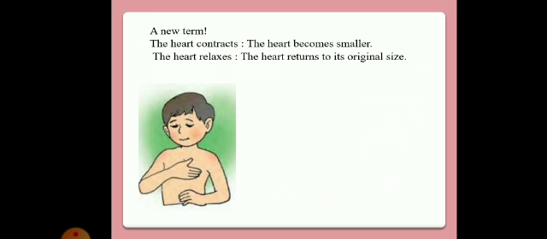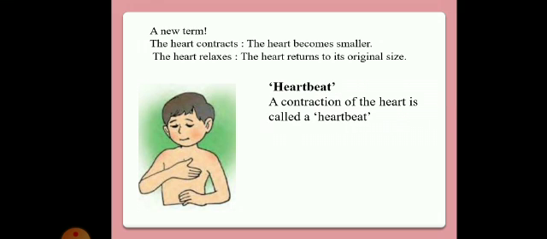Children, the heart contracts and relaxes alternately without stopping. When it contracts, the blood in the heart is pushed into the blood vessels. At every contraction, it is pushed further and further. A contraction of the heart is called a heartbeat.